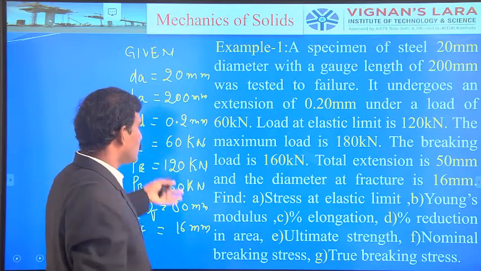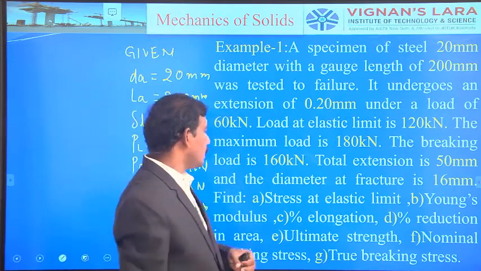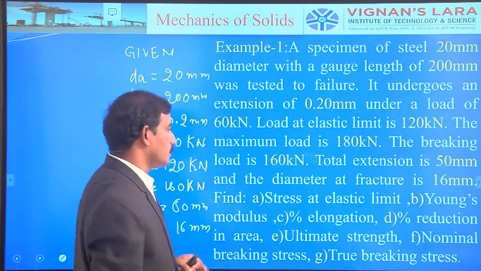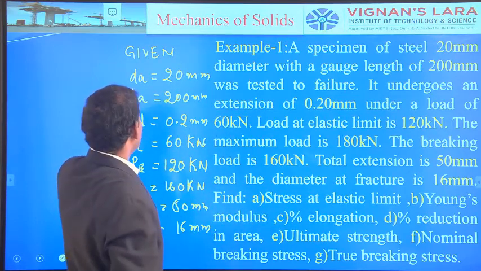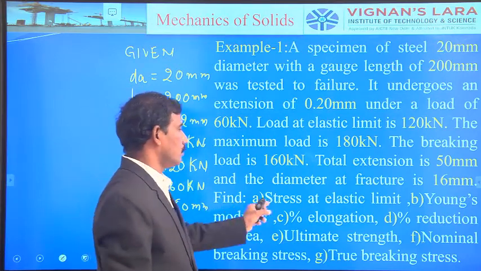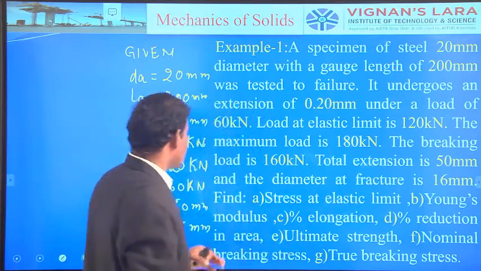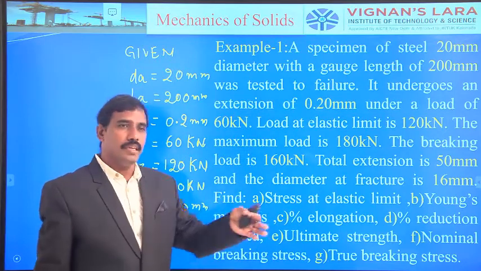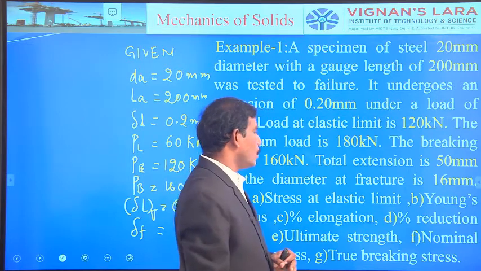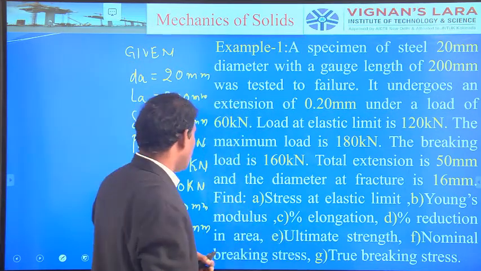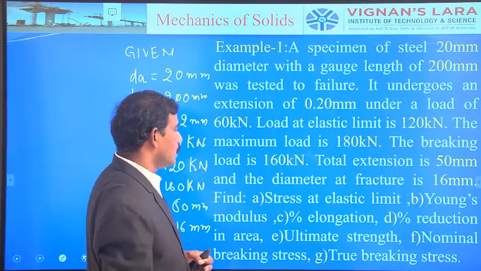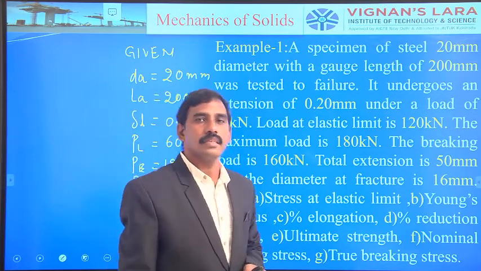We have to determine the stress at elastic limit. If you know the load at elastic limit and the cross-sectional area, then Young's modulus E is stress by strain at a particular point. Then the second is the elongation, third the reduction in area, fourth the ultimate strength, the nominal breaking stress, as well as the true breaking stress.